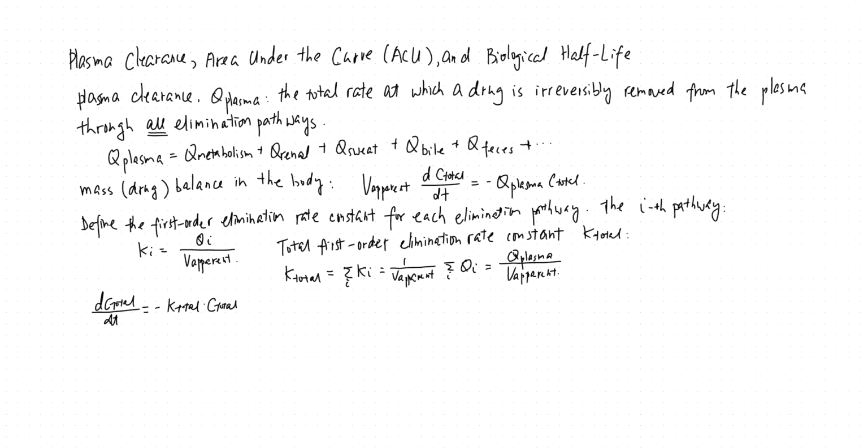But for C total, the total refers to the total drug concentration in the plasma, which is the bound and unbound concentration. So they have two different meanings, but somehow they call it total anyway. And we have the initial condition, C total at t equal to 0.